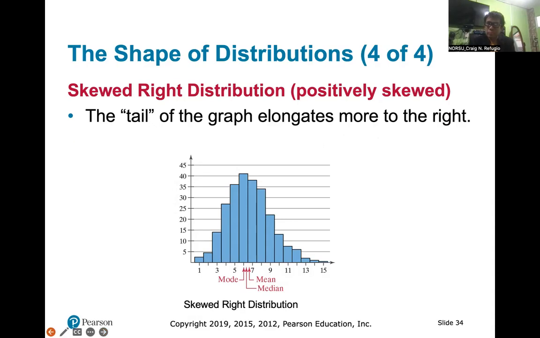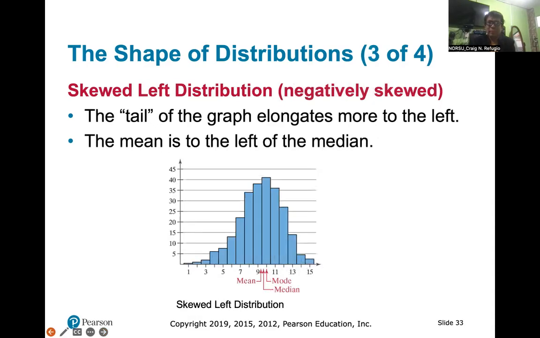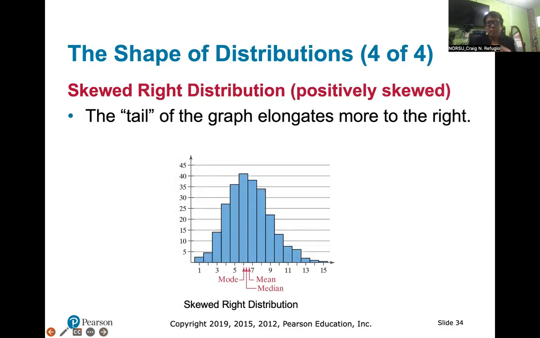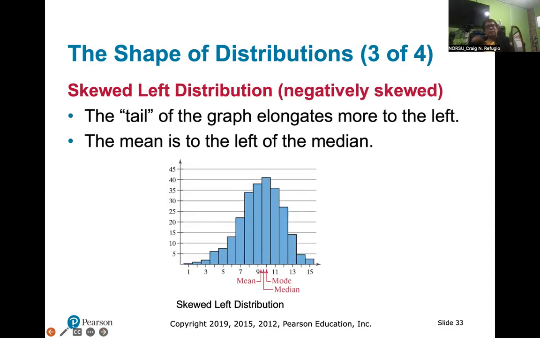Let me go back to skewed to the left and skewed to the right. How do we look at that in terms of a class representation? If the majority of the students in the class are doing good and only a few are not, the scores will be bulking into the right side, wherein the right side has higher values.